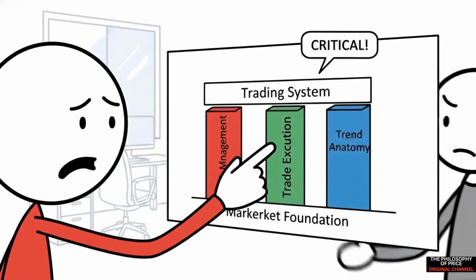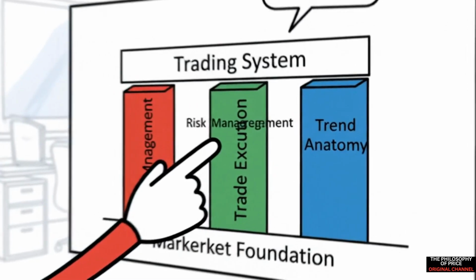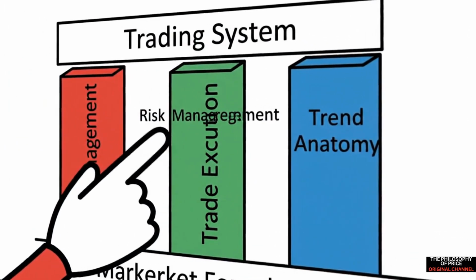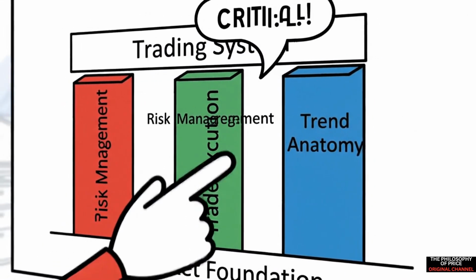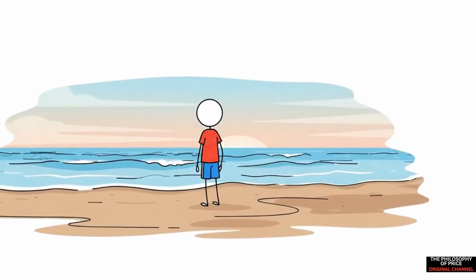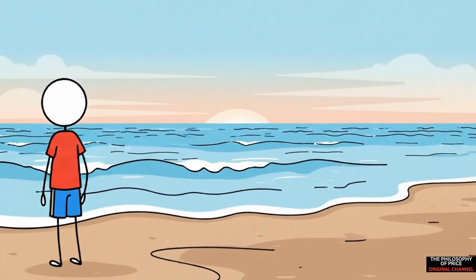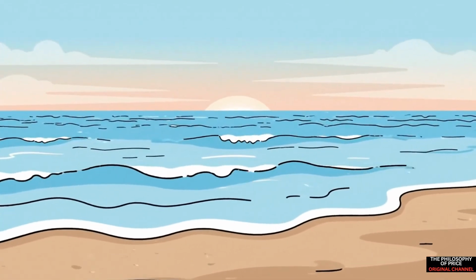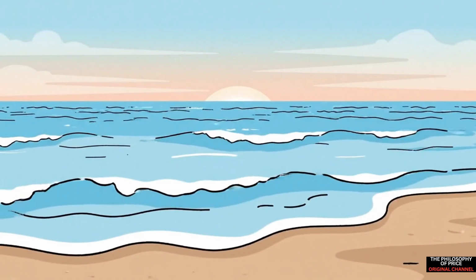This comprehensive system is built upon 3 essential pillars, beginning with a proper understanding of trend anatomy, a concept many traders misunderstand from the start. Picture yourself standing on a beach, observing 3 distinct elements. First, the tide, which slowly advances or recedes over hours, representing the market's most powerful underlying force.